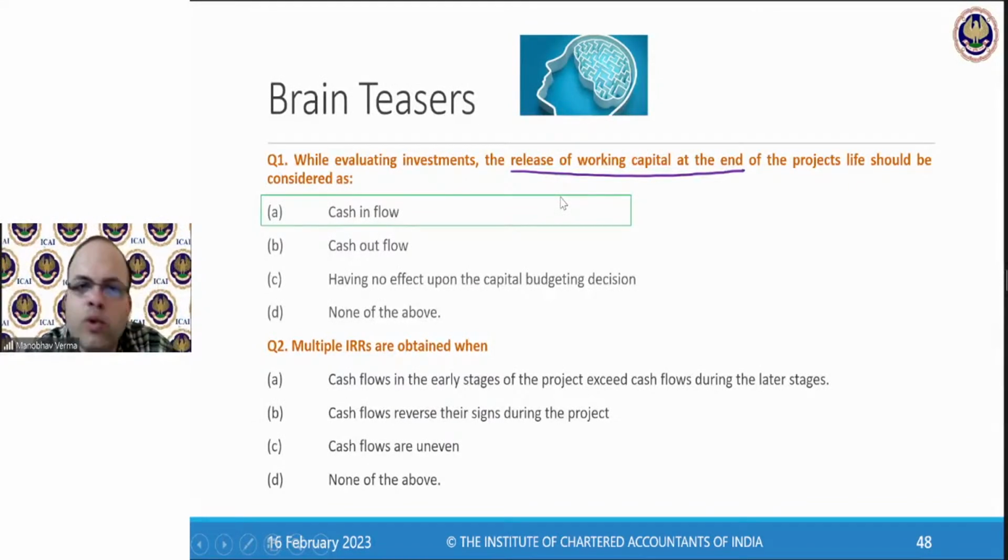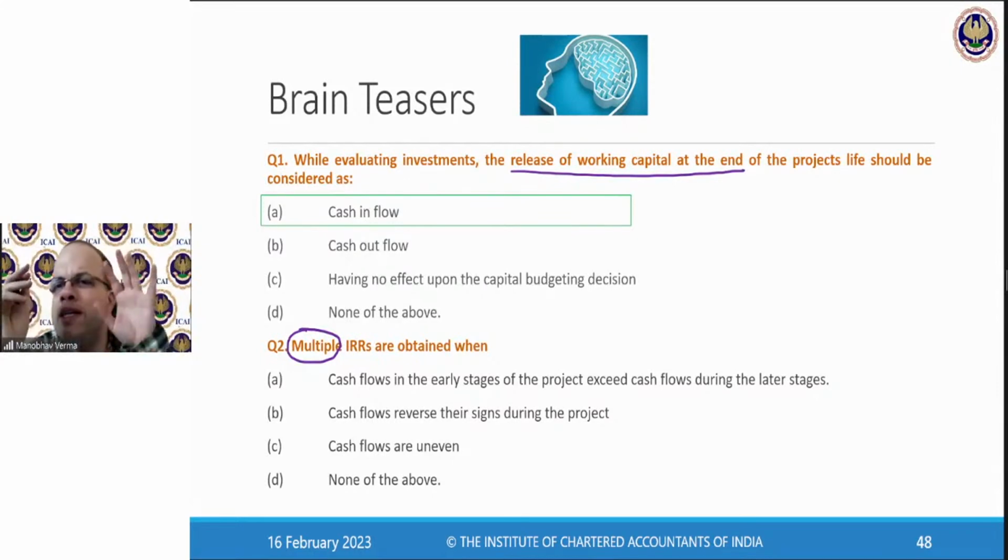Till now, question number 2 has been given A, B, and C. All 3 options are given by the students. No one has selected D, right? Yes, please. We discussed this towards the end of the last class: when does the multiple IRR situation happen?